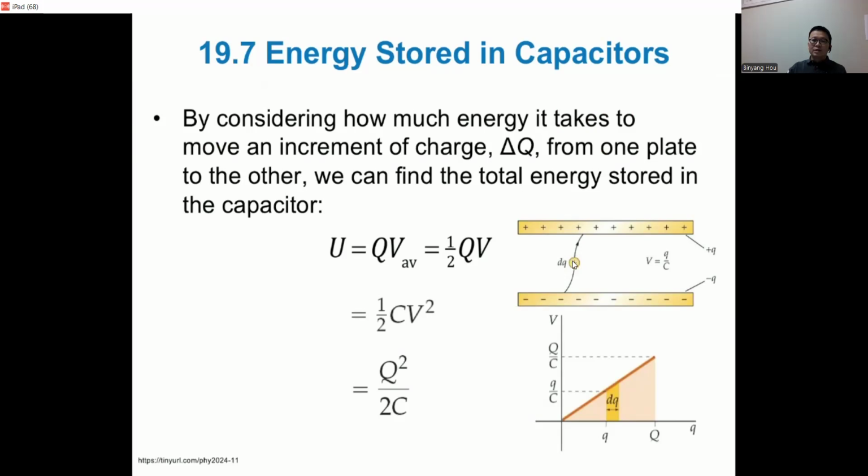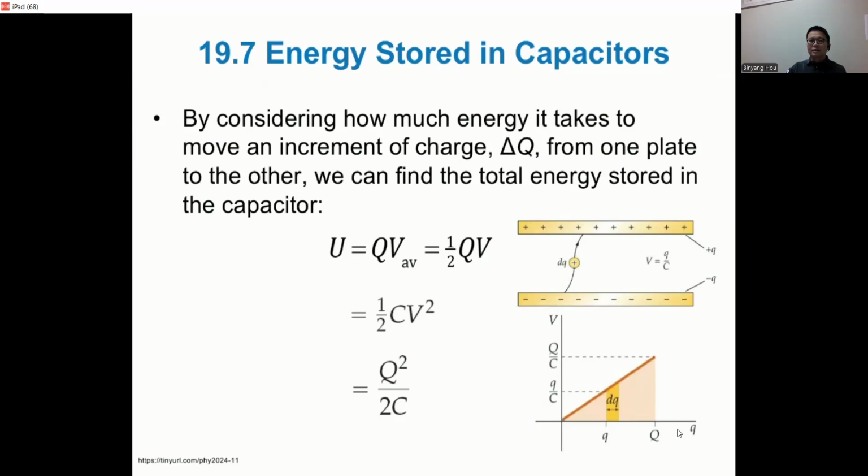If you just charge up to Q, it will gradually build up, because voltage is proportional to the Q you have. As you have more and more charge there, voltage goes up.